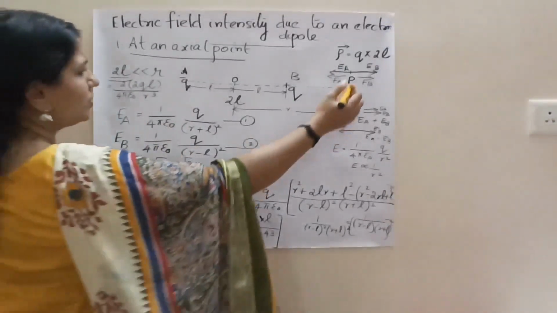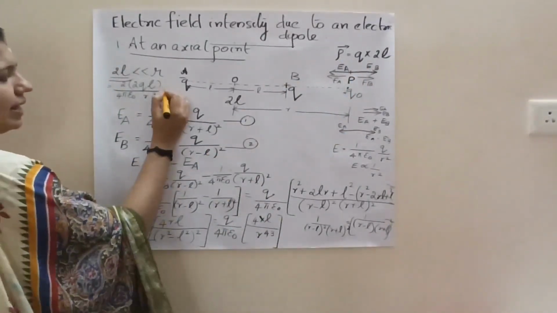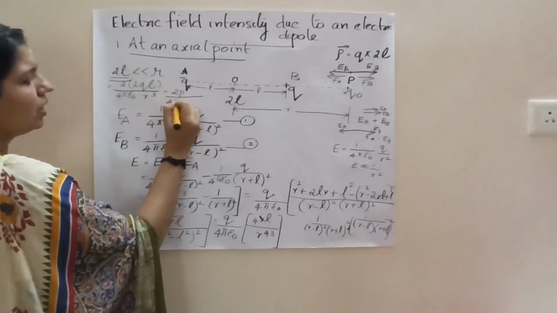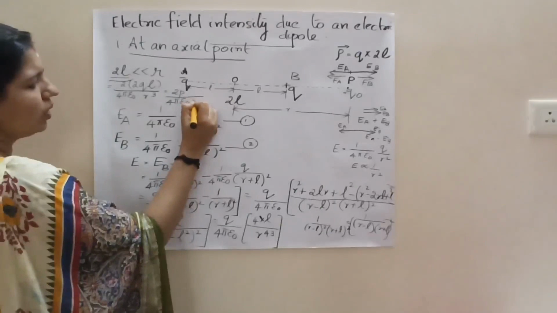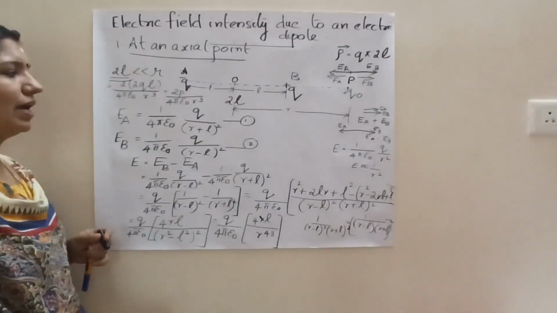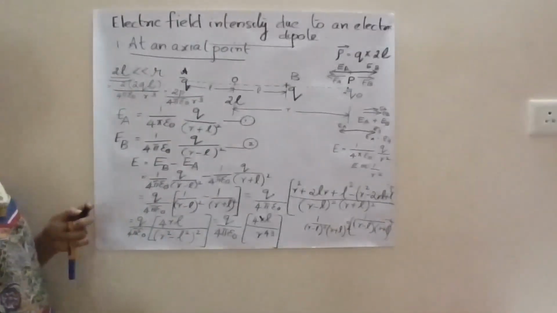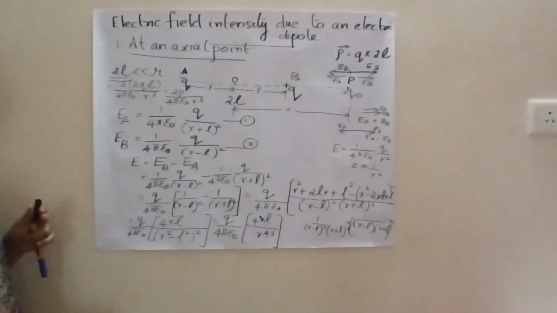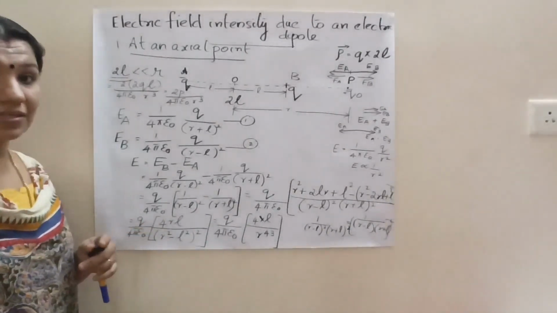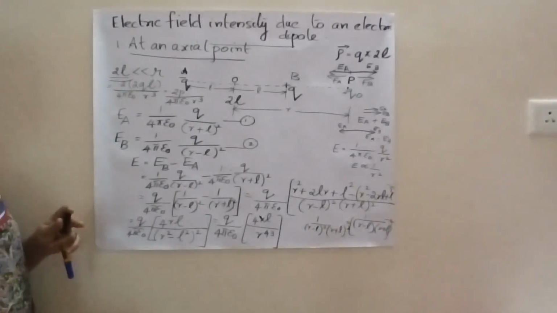I already told you 2QL is equal to the dipole moment P. So I can again rewrite the equation as 2P divided by 4 pi epsilon naught r cube. So this is the expression for electric field intensity due to an electric dipole when the charge is placed on the axial line.